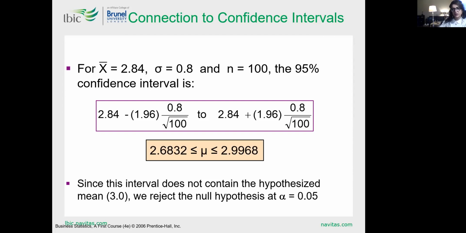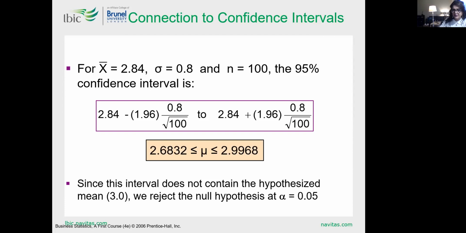So here we come to the conclusion that since this interval does not contain the hypothesized mean, we reject the null hypothesis at alpha 0.05. Why? Because you cannot find the hypothesized value between these two values, right?